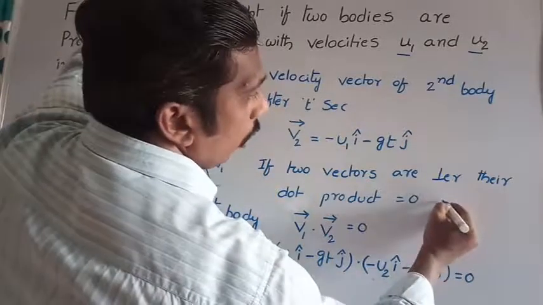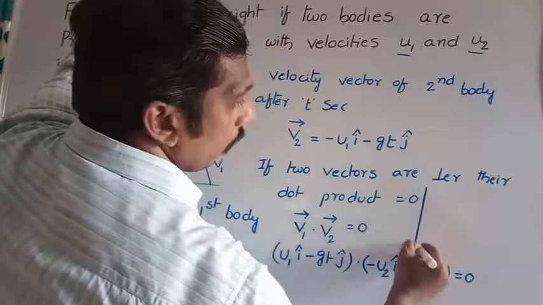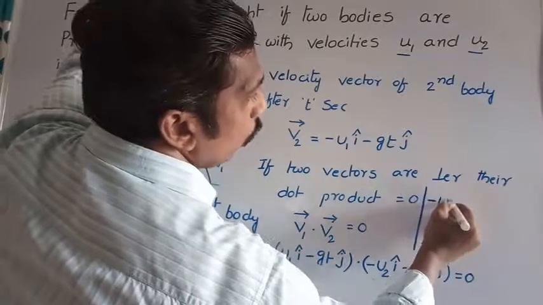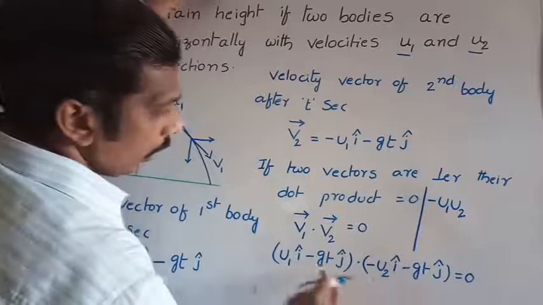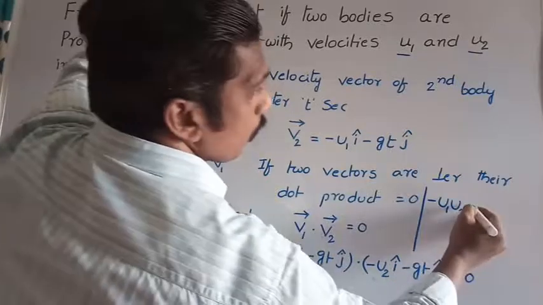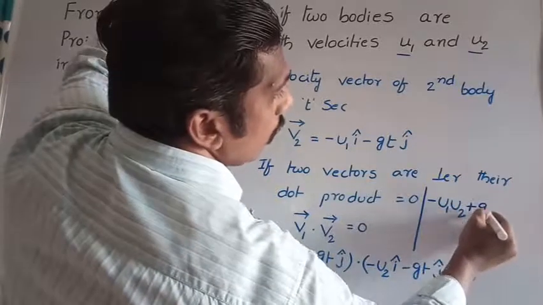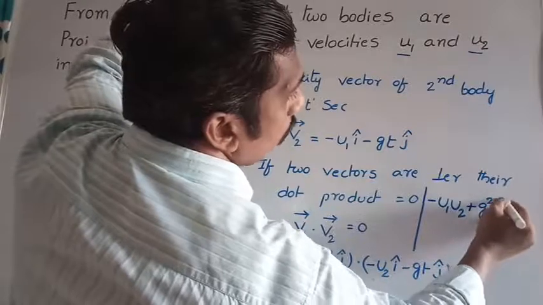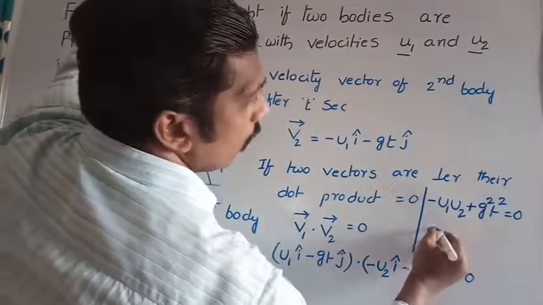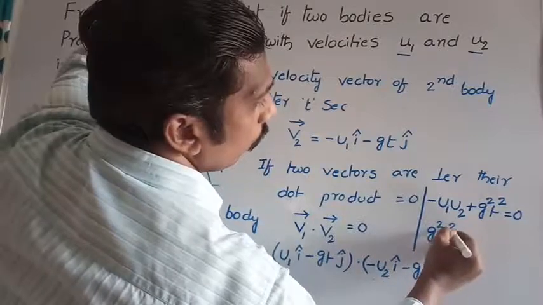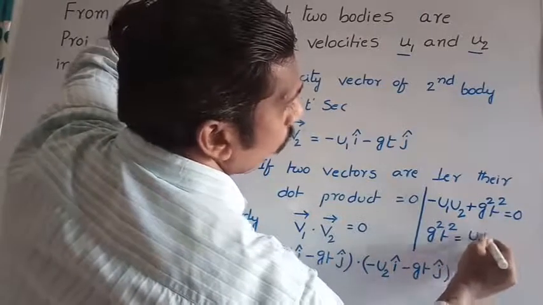So minus u1 u2 plus g square t square is equal to 0. From this, g square t square is equal to u1 u2.